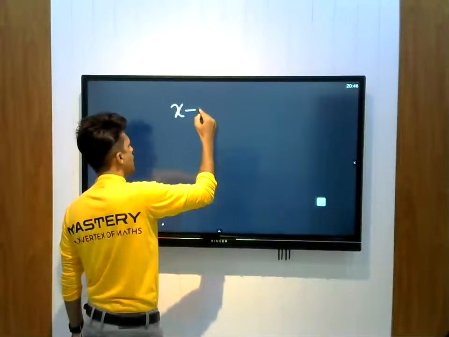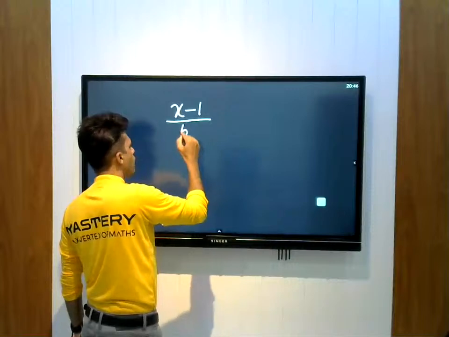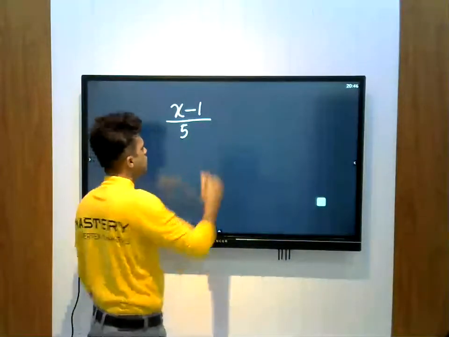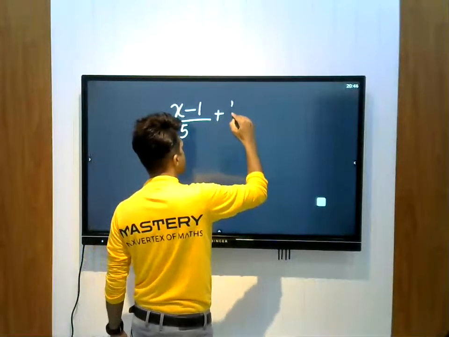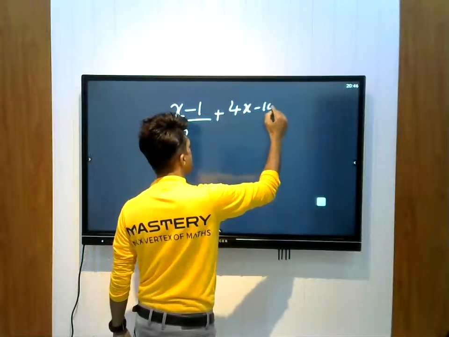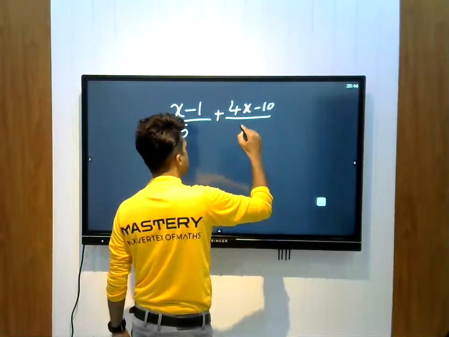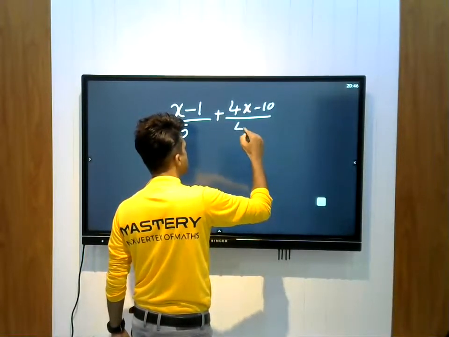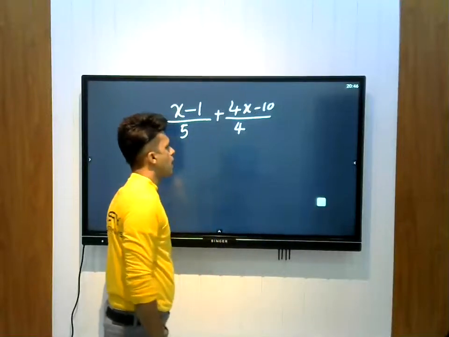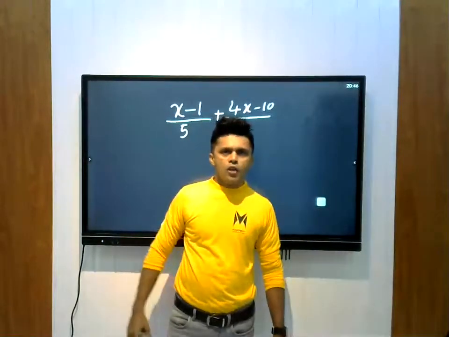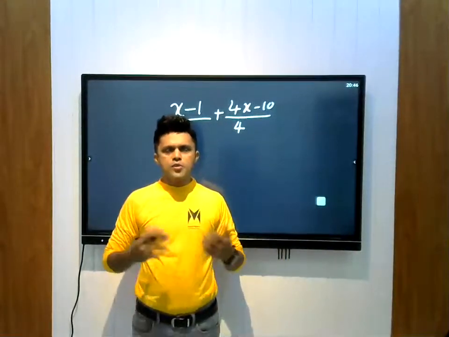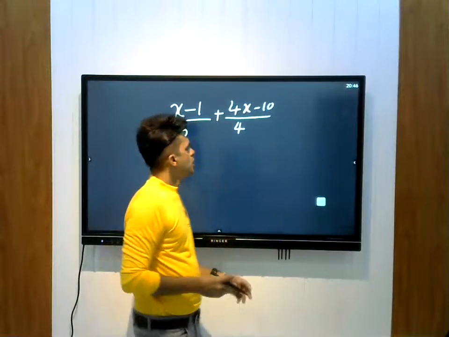Algebraic fractions, right? x minus 1 over 5 plus 4x minus 10 over 4. How can you do this type of sum? How can you simplify this type of sum?